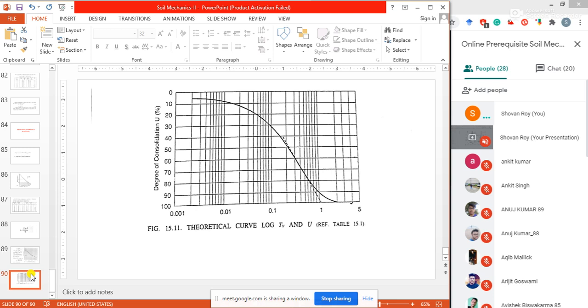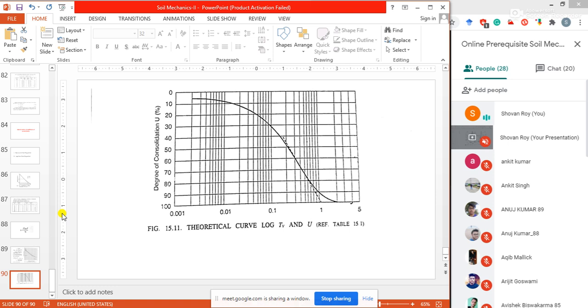The same person suggested this logarithm of time fitting method, which is based on characteristics of the U versus log 10 TV plot, in which the intersection of the tangent at the point of inflection and the asymptote of the lower portion is at the ordinate of 100% U. These characteristics are used to determine the point of 100% U on the semi-log plot of the laboratory time consolidation curve.